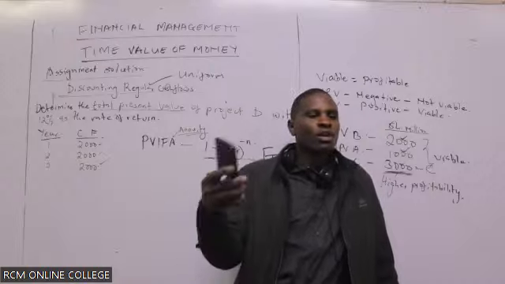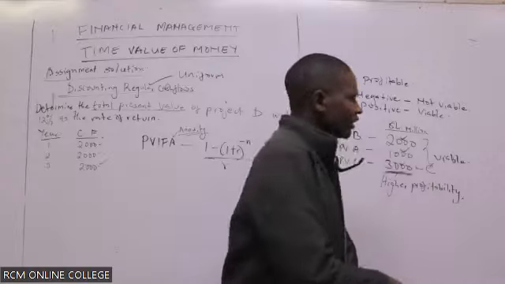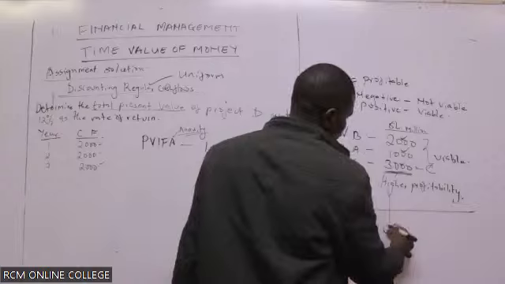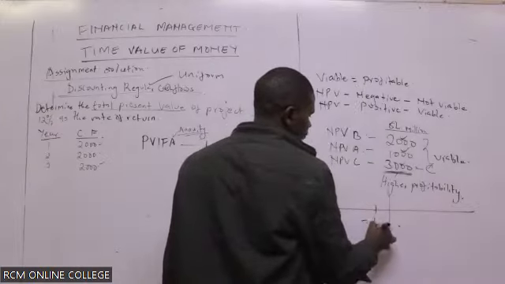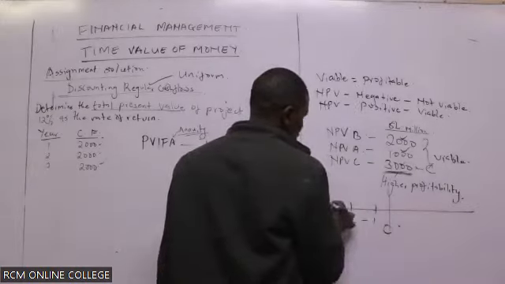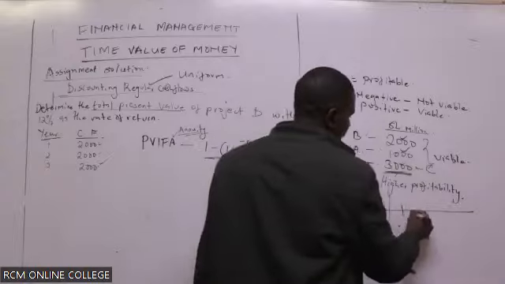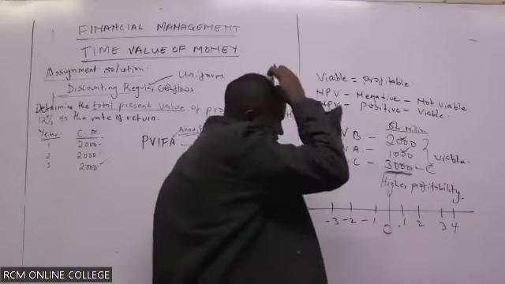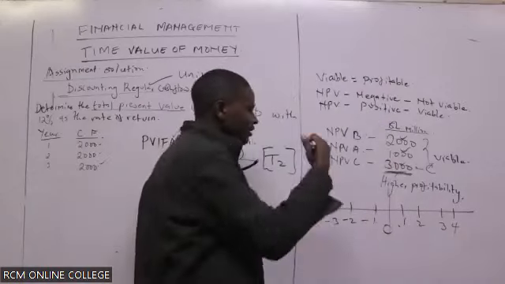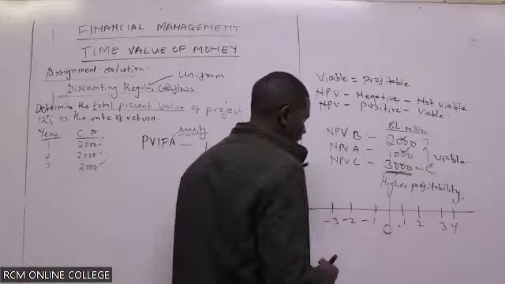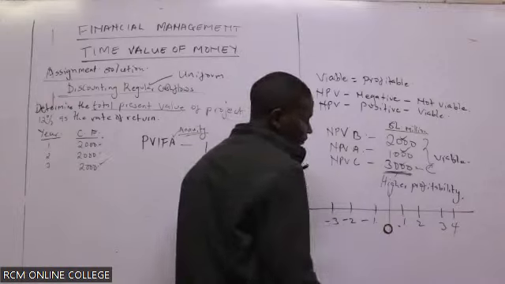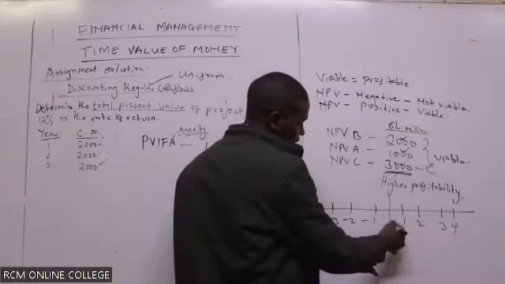Remember discounting, we go backwards. Let me remind you of the number line. You remember the number line. Here we had zero, negative 1, negative 2, negative 3, and 1, 2, 3, 4. I want you to master financial management and feel that you understand what we're talking about. So 0 is the center.